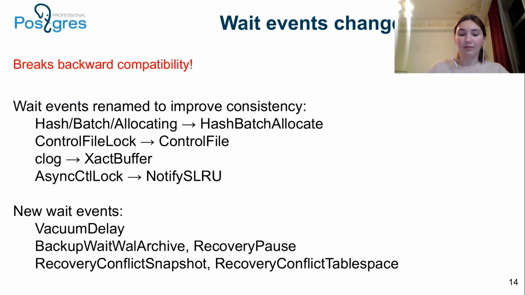Let's continue with low-level exploring. In PostgreSQL 13, several wait events were renamed and some new wait events were introduced. I think it's very important to tell you about this change because the very short line in the release notes, which you could even have missed, actually hides a really considerable change.